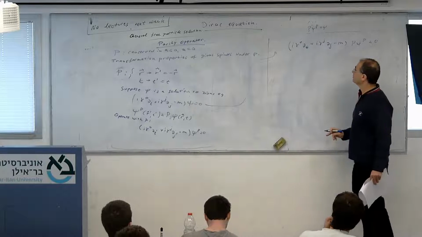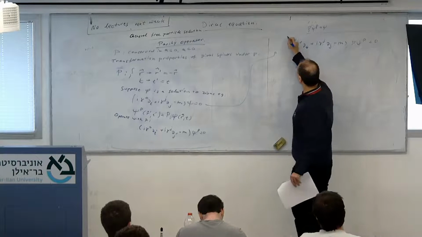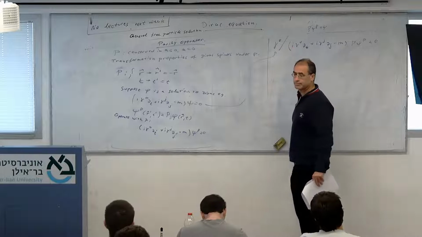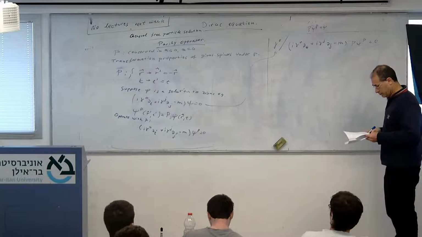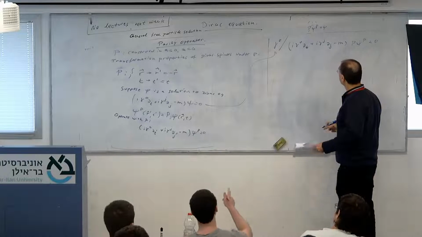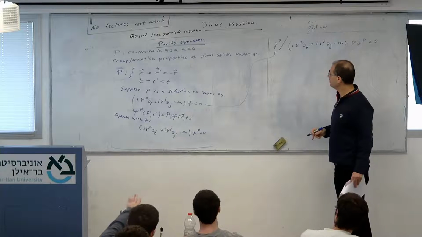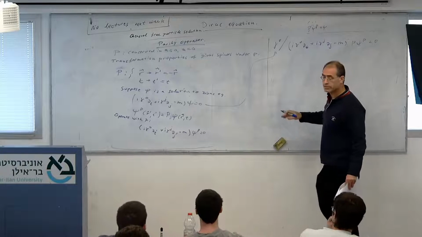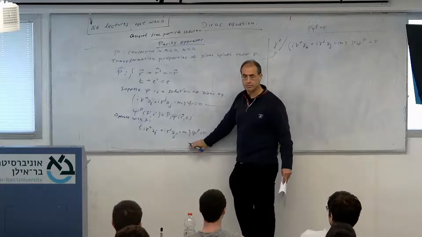Now I take this equation, I multiply by gamma 0 from the left, then I want to express the derivative in terms of the new coordinates. Everything clear? This is the right equation in the new frame.